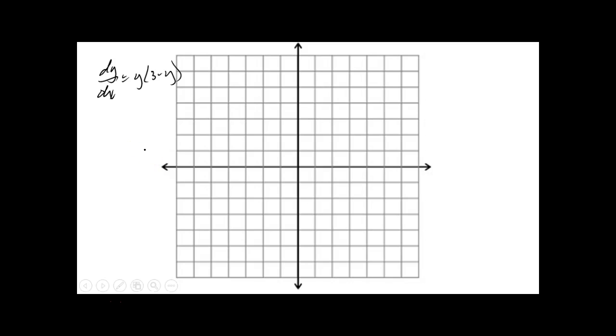Okay. Well, what do we usually want to know when we're dealing with slopes? First derivatives, where it's equal to 0. That is a critical value. What are your critical values here? Y is equal to 0, and y is equal to 3.